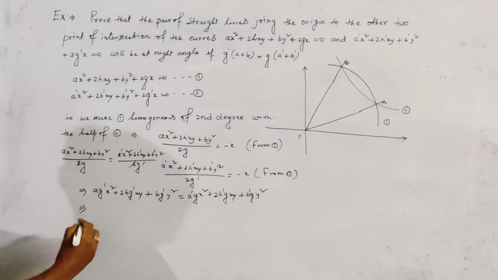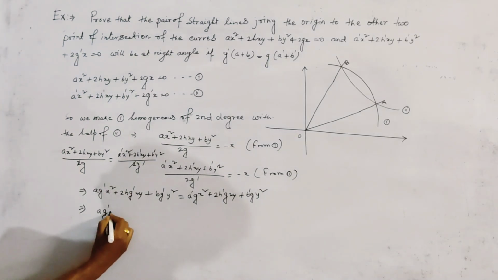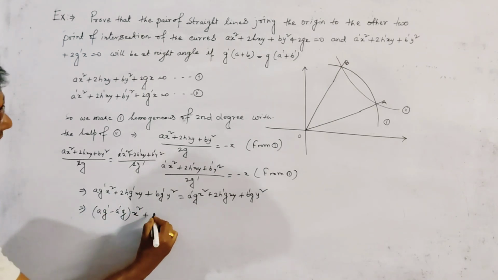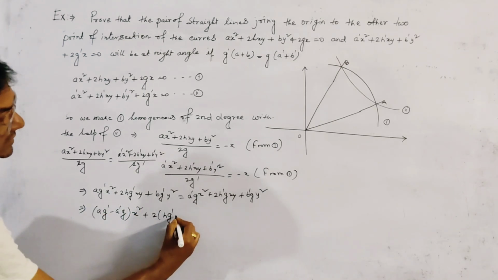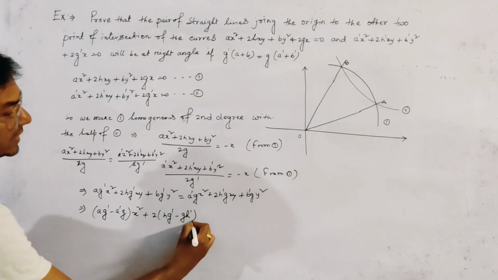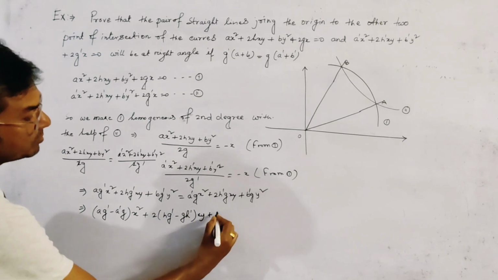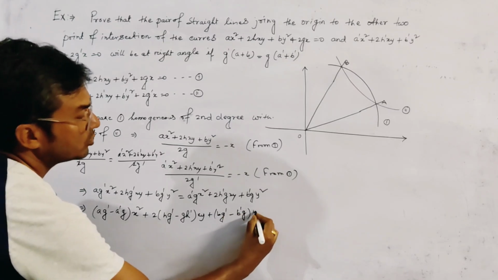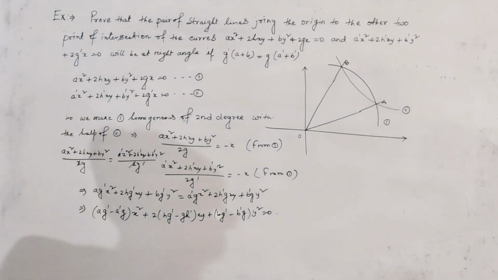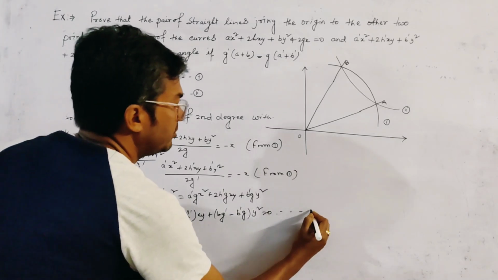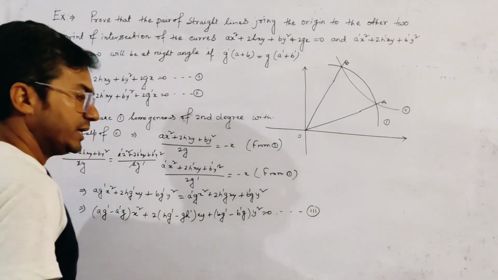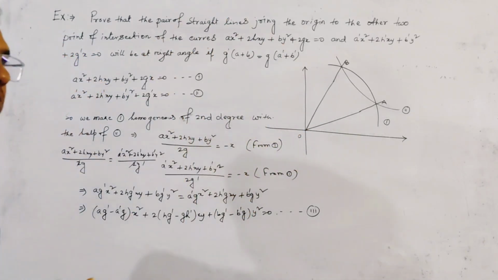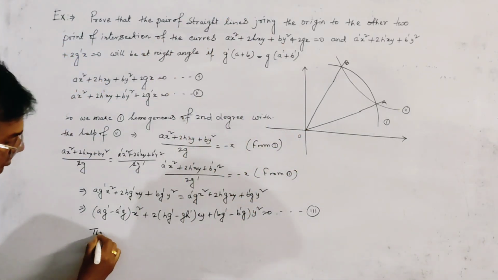We write it on one side: (a g dash minus a dash g) into x square plus 2 into (h g dash minus g h dash) into xy plus (b g dash minus b dash g) into y square equals 0. Let it be relation number 3, and this is the equation of the pair of straight lines OA and OB. This is the required pair of straight lines.